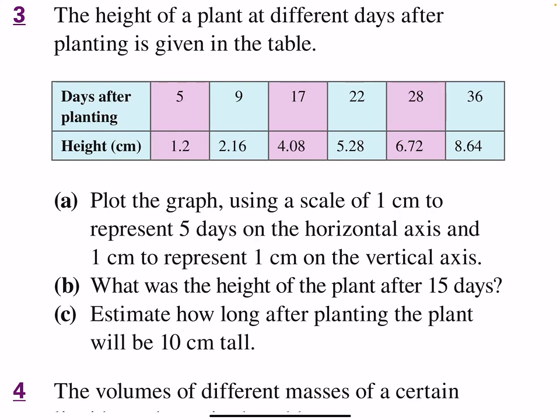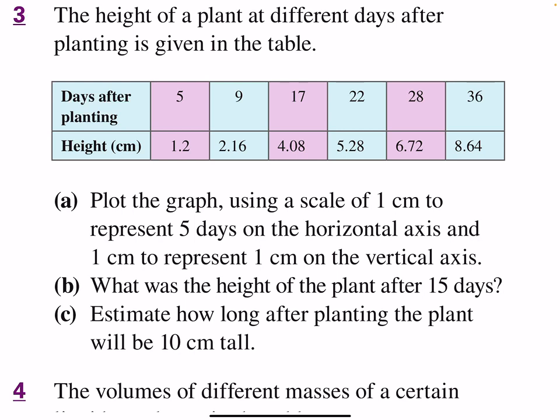Plot the graph using a scale of 1 centimeter to represent 5 days on the horizontal axis. It can happen that it comes like this in the exam. Certain times it will not say anything. You have to figure out your scales.